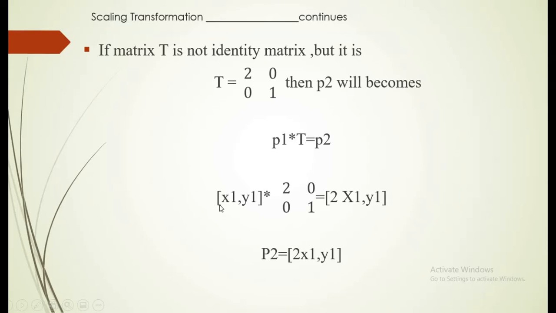That is, we multiply this row into the first column, x1 into 2 is equal to 2x1, and y1 into 0 is equal to 0.